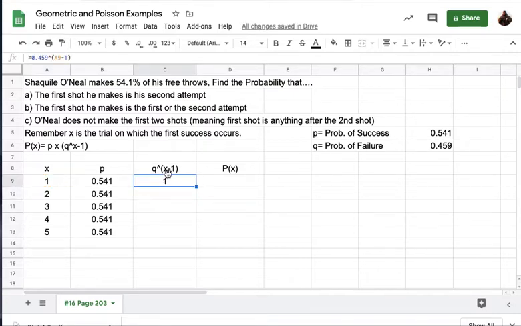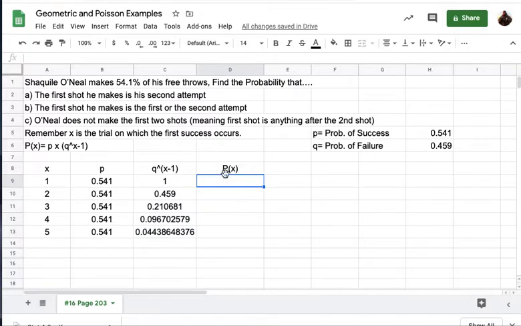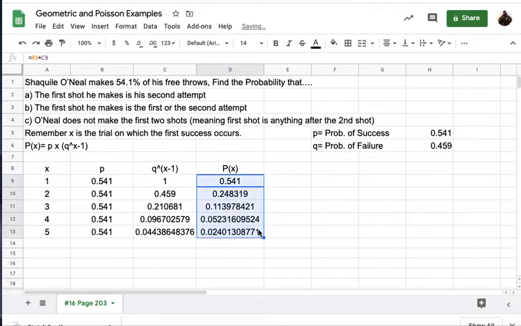And again, in the first trial, we'll have 1 minus 1, and anything to the 0 power is 1. So that should have come up as a 1 there. And we'll just go ahead and drag this down. And there we go. And finally, we're just going to multiply these two columns together. So we're going to do equals that cell times that one. And we'll go ahead and drag that down.